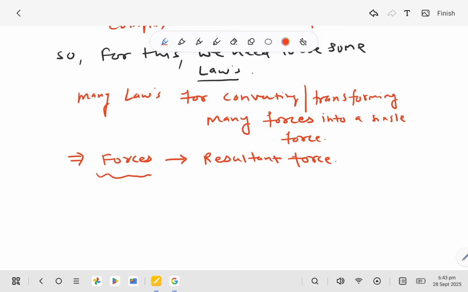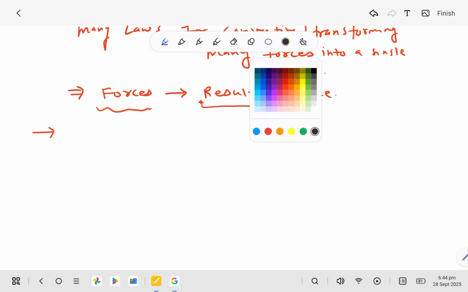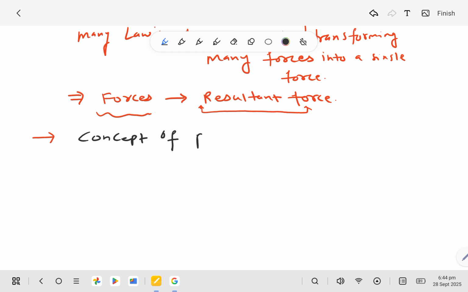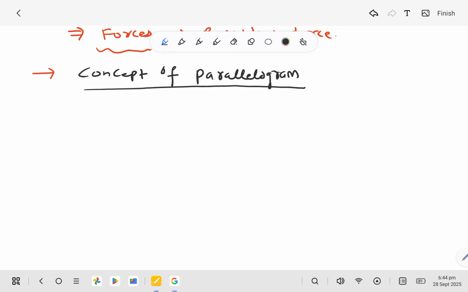Okay, so when we convert these different kinds of forces into a single force, then we call this force the resultant force of these forces. So now we use the concept of the law of the parallelogram in finding a resultant force.